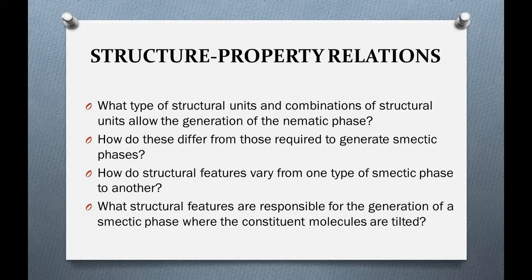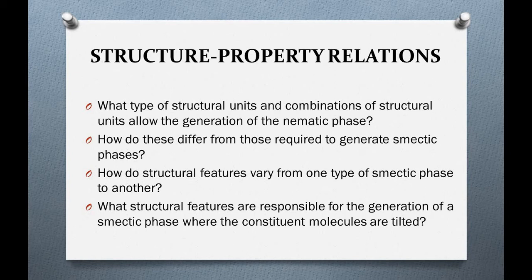What type of structural units, or combination of structural units, will allow the generation of, say, the nematic phase? We are talking about calamitic liquid crystals, and nematic is one of the most important phases with these calamitic liquid crystals. So what kind of structural units contribute to that, or how do these differ from those that are required for a smectic phase?